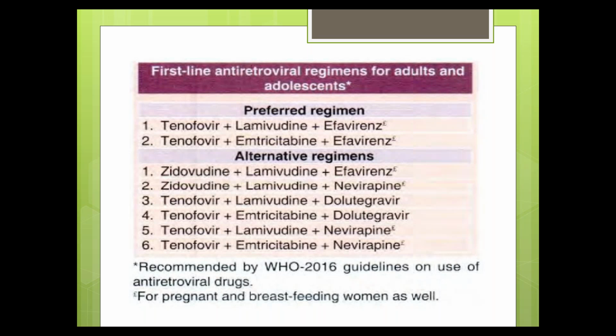So that is how these combinations are designed. Only 3 drugs are there here: tenofovir or zidovudine in the first line, either lamivudine or emtricitabine in the second, and in the NNRTIs either efavirenz or nevirapine. If you want to add an integrase inhibitor, you will give dolutegravir. That is how the treatment regimens are reconstituted.